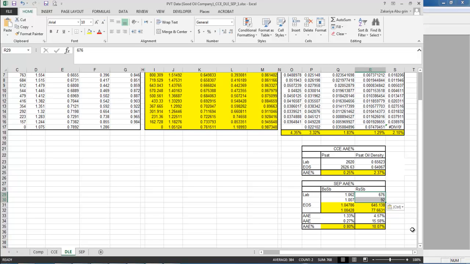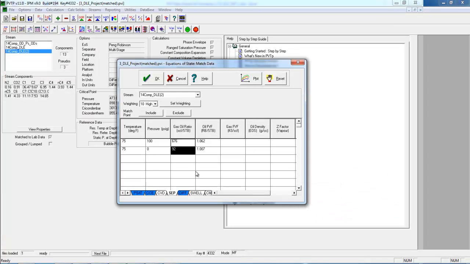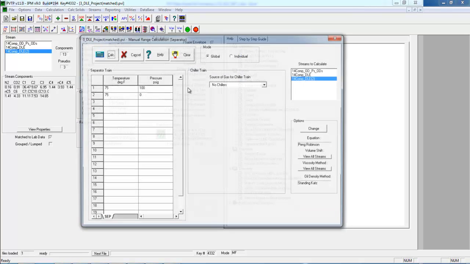Yeah, now it's okay. So we have 10% error here. So make sure this is your optimum condition according to my entered data here. This is the optimum condition. Yeah, that's correct.